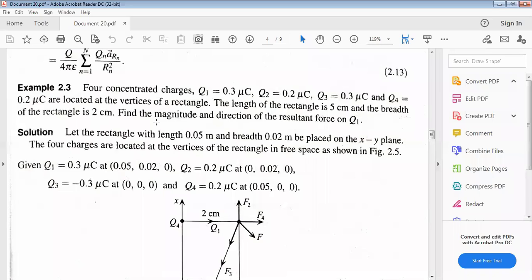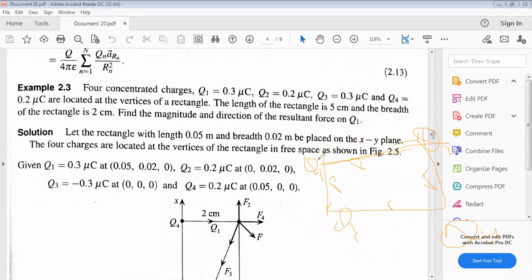Here they consider four concentrated charges Q1, Q2, Q3, Q4 on a rectangle. The length of the rectangle is 5 centimeters, and the breadth of the rectangle is 2 centimeters.